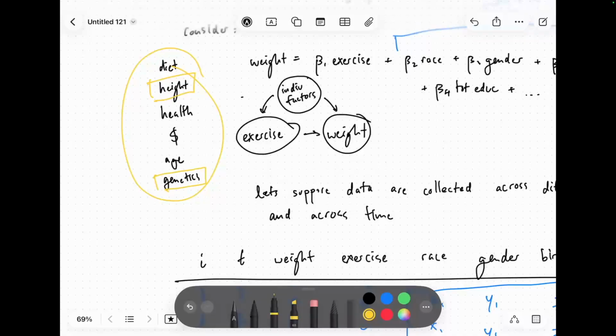Genetics isn't going to change over time. And the degree to which your individuals are having constant diet, health, if their income isn't changing, those could potentially also be captured by your fixed effects.